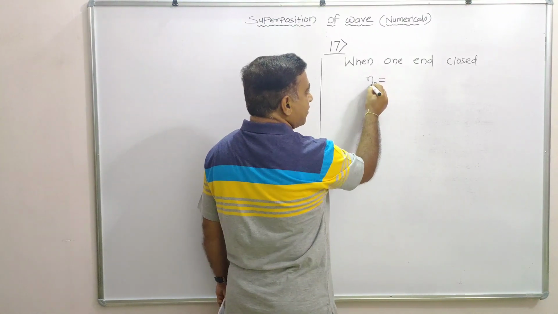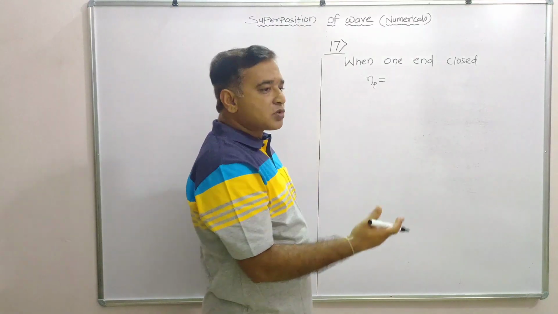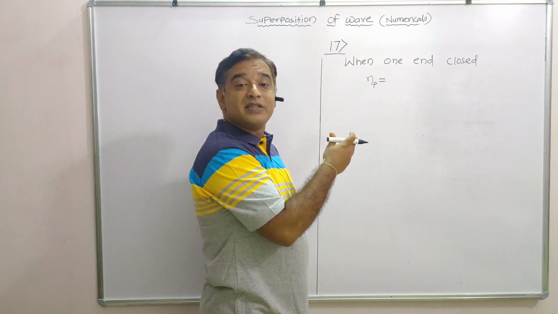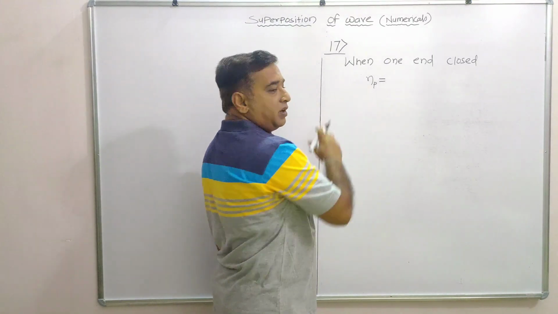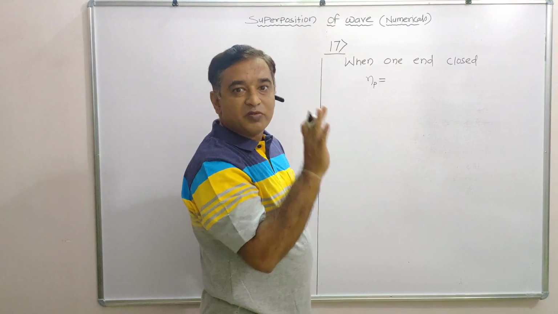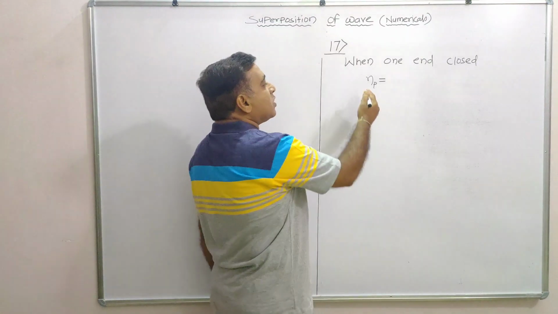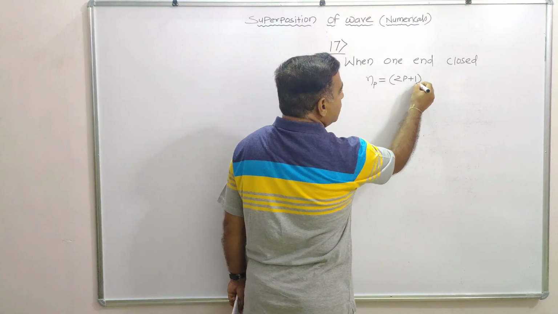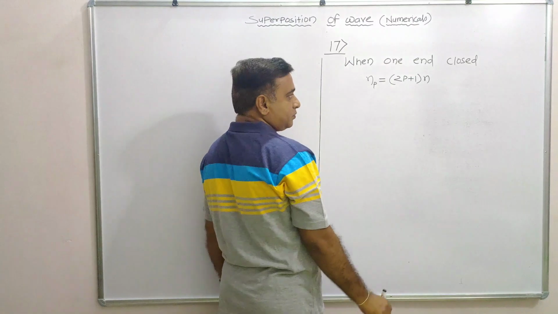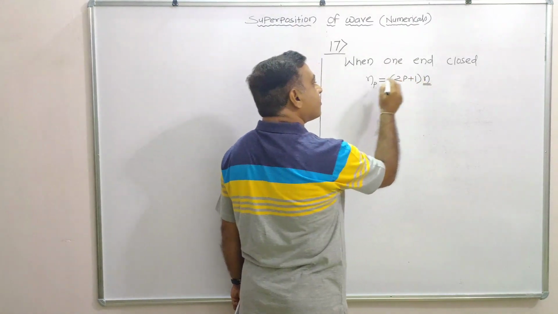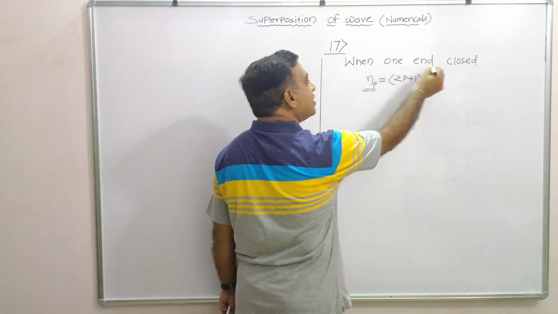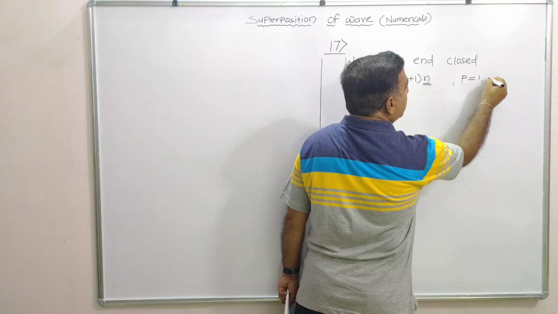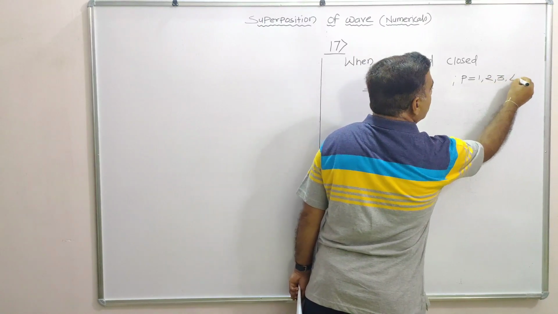For the first overtone P is equal to 1, for the second overtone P is equal to 2. So Np is equal to (2P plus 1) into the fundamental frequency. Initially we have to know the fundamental frequency so as to calculate the overtone when one end is closed. P may be 1, 2, 3, 4.